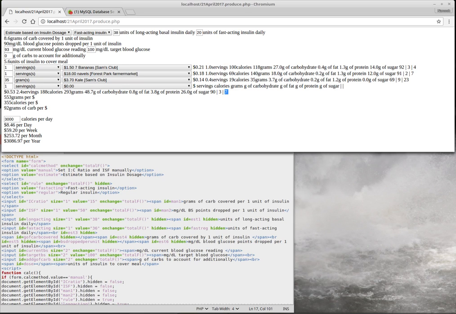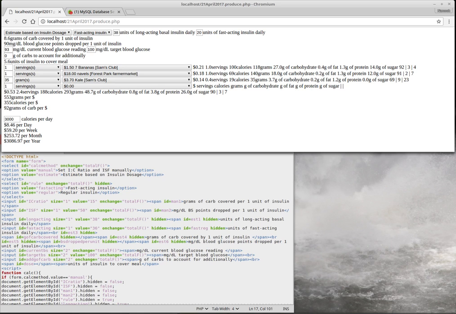But if you make your selections, it scales, so you can put in everything you buy per week, and it'll give you your macro.